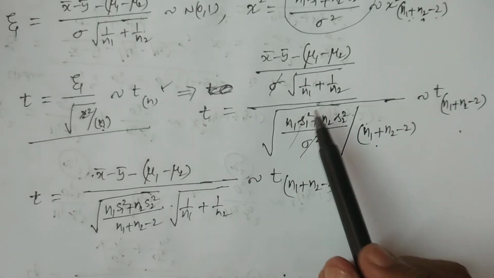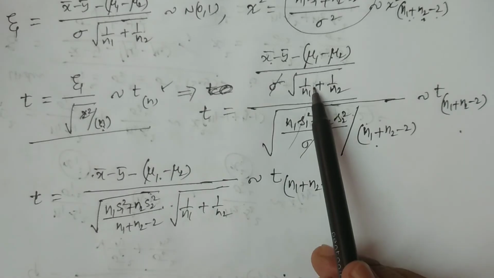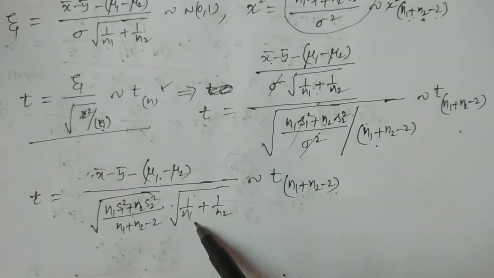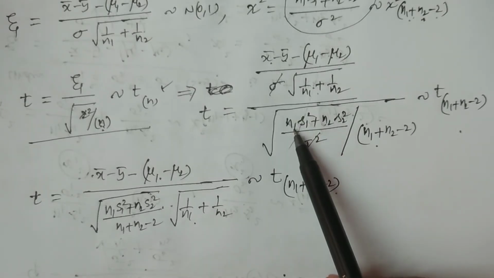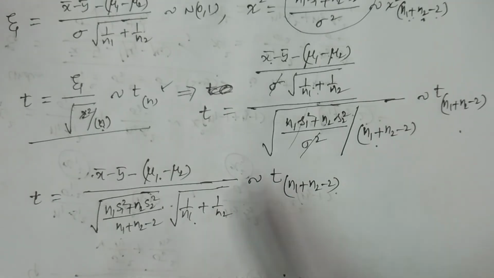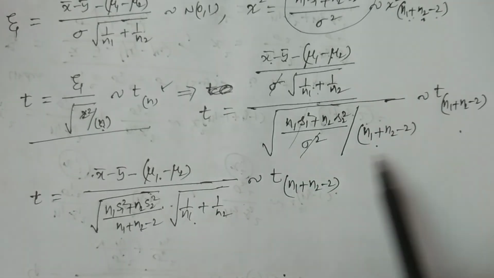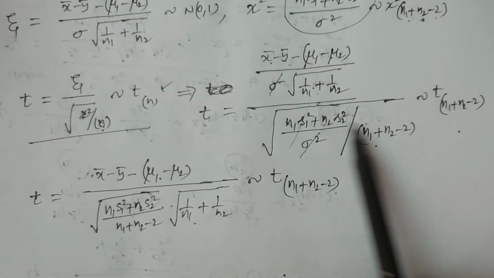You observe here, x bar minus y bar minus mu1 minus mu2. Square root of 1 by n1 plus 1 by n2 I have taken here. And sigma square cancels and sigma is cancelled. The remaining terms are square root of n1 s1 square plus n2 s2 square divided by n1 plus n2 minus 2. The first one this, second one this, and third one this.